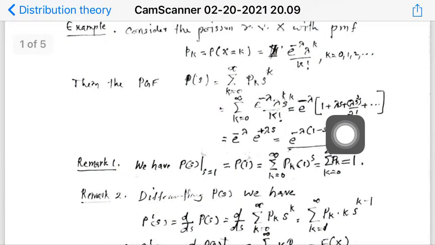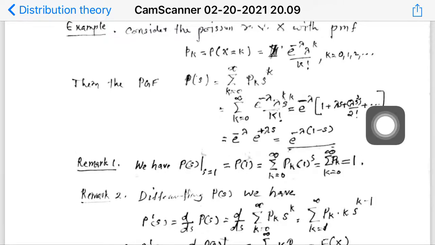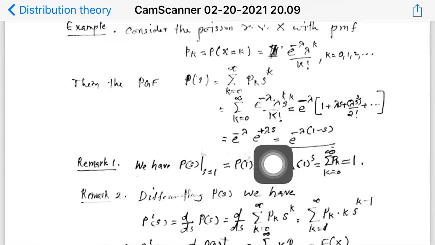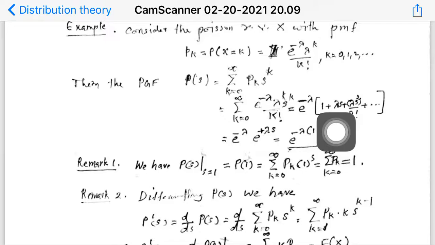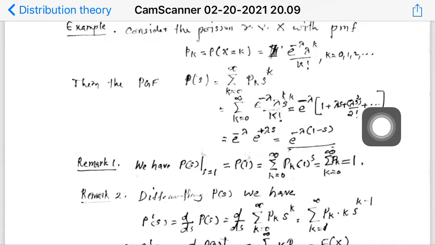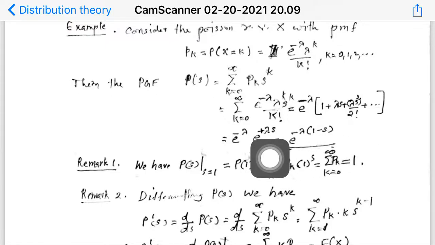On simplification, you will see that this is e to the power of minus lambda into 1 plus lambda s plus lambda s square by 2 factorial plus etc., which is equal to e to the power of minus lambda into e to the power of lambda s, because this function 1 plus lambda s plus lambda s whole square by 2 factorial plus etc. is simply e to the power of lambda s.